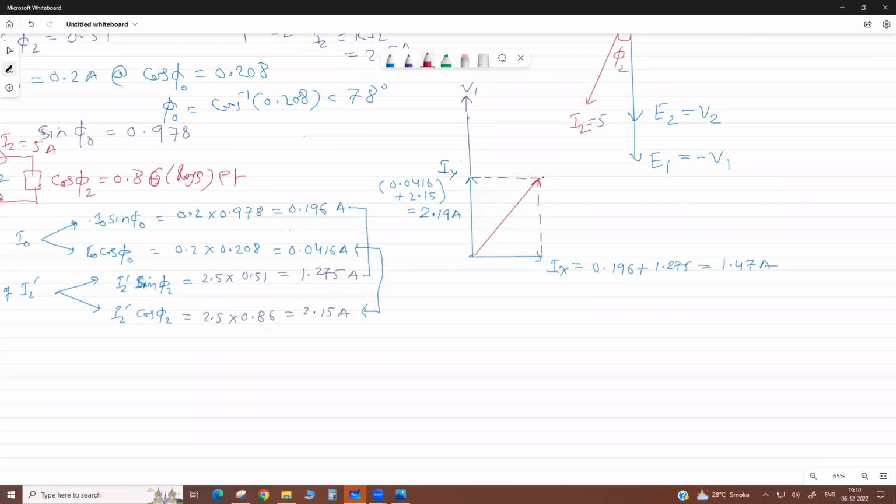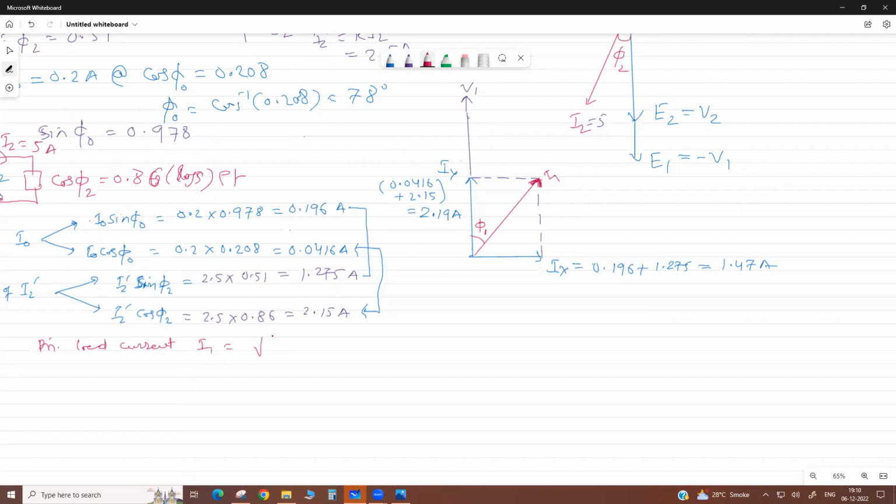This is your I1, this is V1, and this is your phi 1. So now we can calculate the primary load current under load condition.